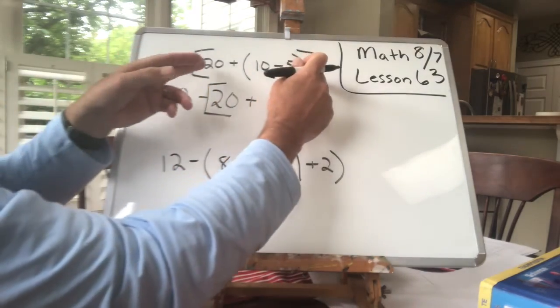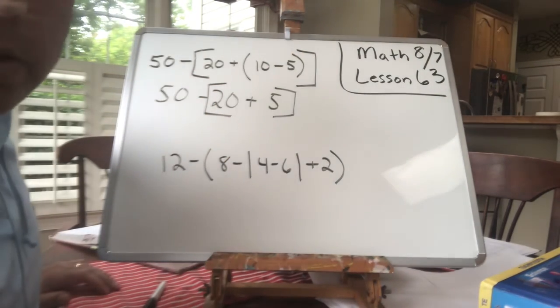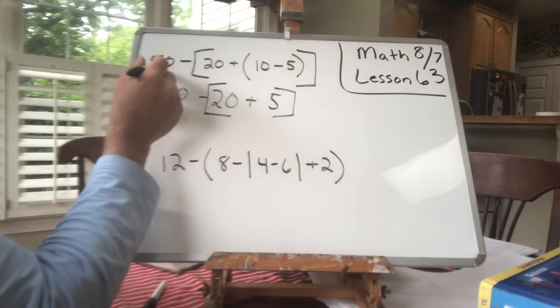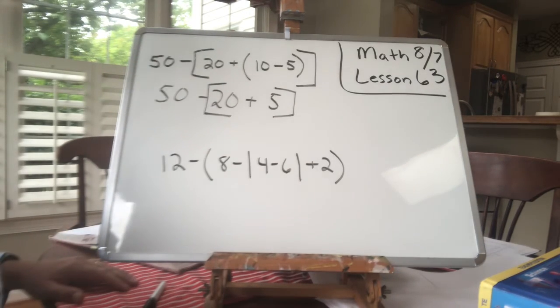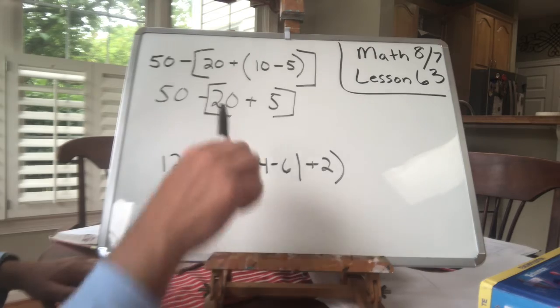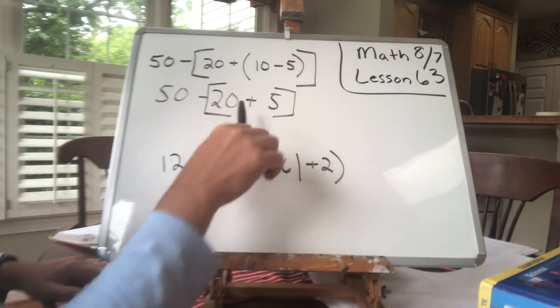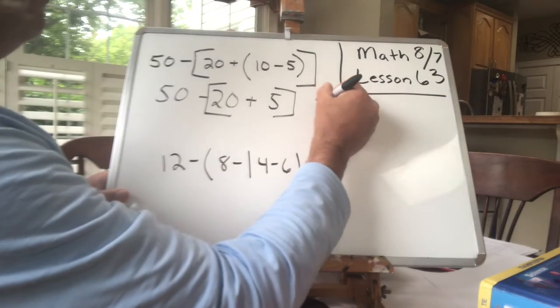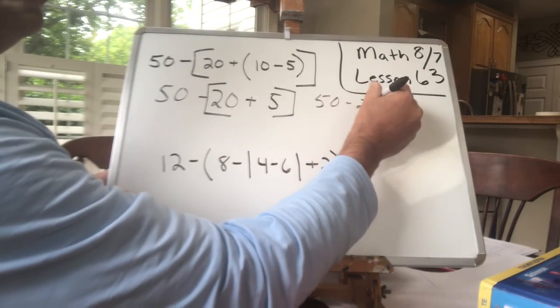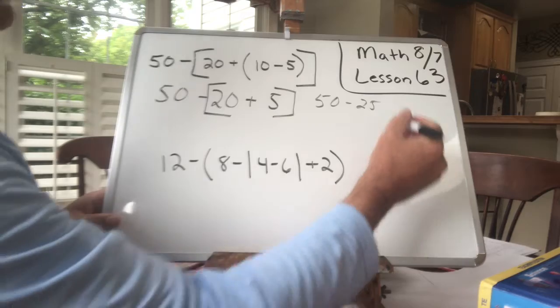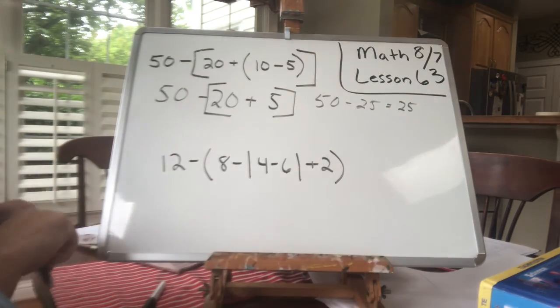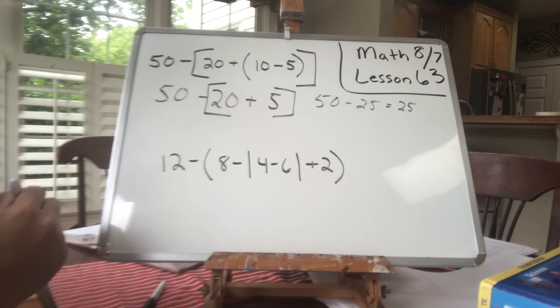That means I'm going to solve with PEMDAS. We solve parentheses and brackets first before we move out to 50 minus whatever it is. So I still have to solve this first, which is 20 plus 5 is 25. So I'm left with 50 minus 25, right? Which equals 25. Okay? Not a problem.